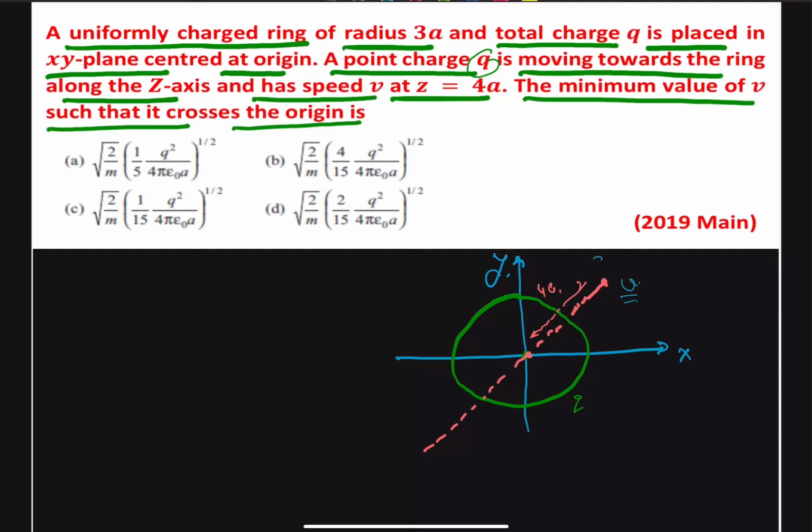So this is our test charge q. We have to find the minimum value of v such that it crosses the origin.